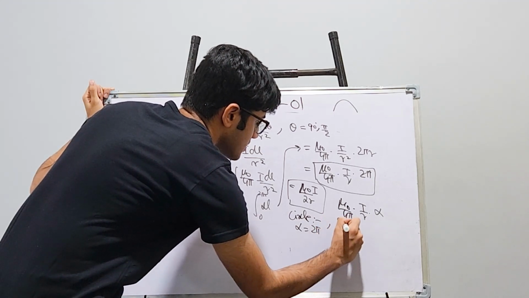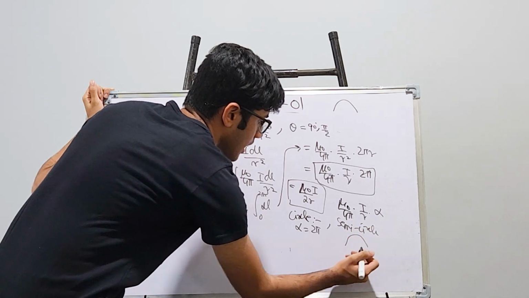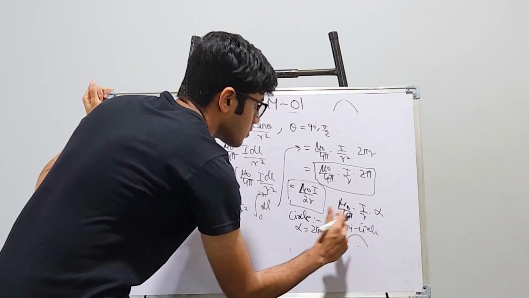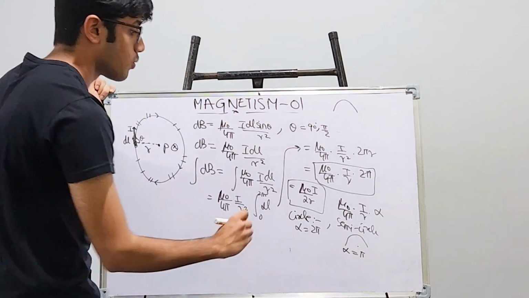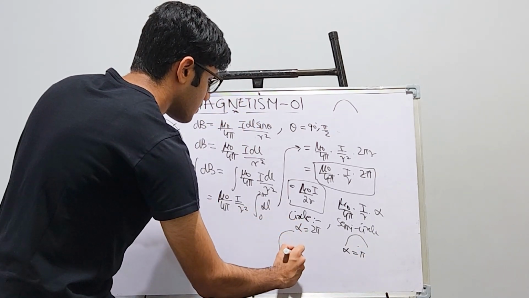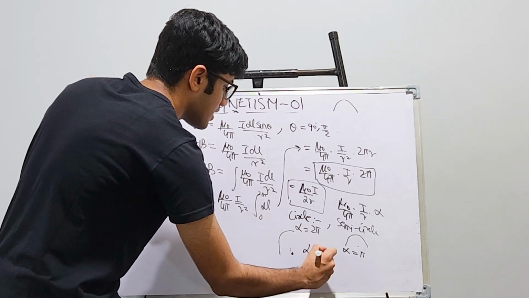If we were given a semicircle like this, and we need to calculate the magnetic field at this point, we would just plug in this formula and replace alpha with pi. If we were given a quarter of a circle like this, and we need to calculate the magnetic field at this point, we would plug in the value of alpha as pi by 2.